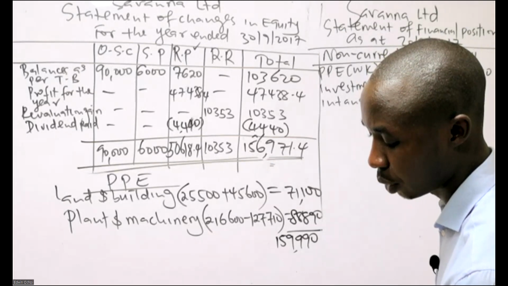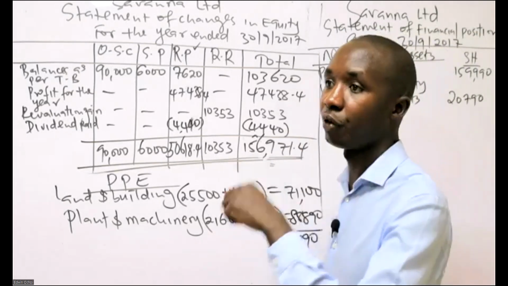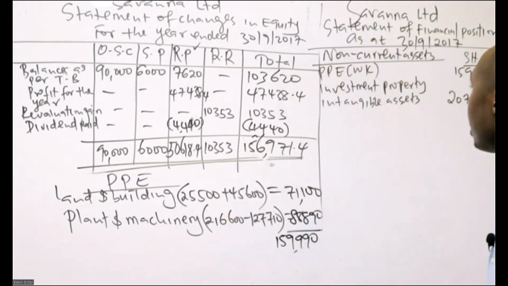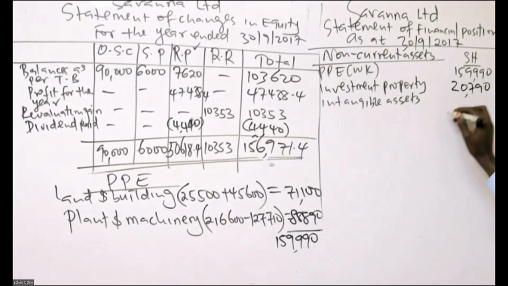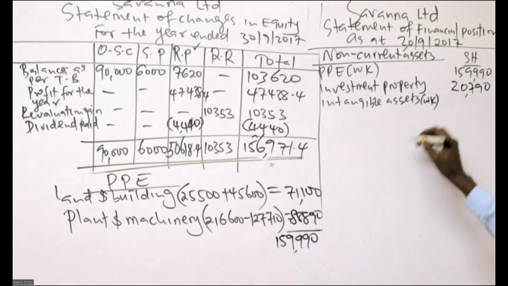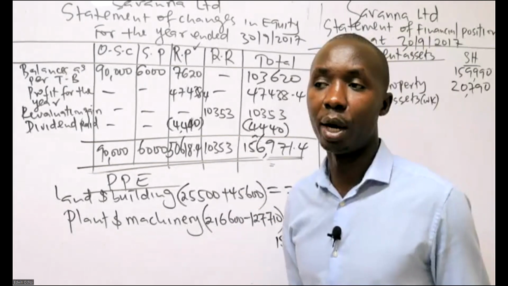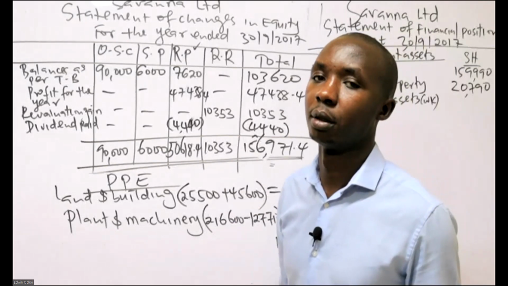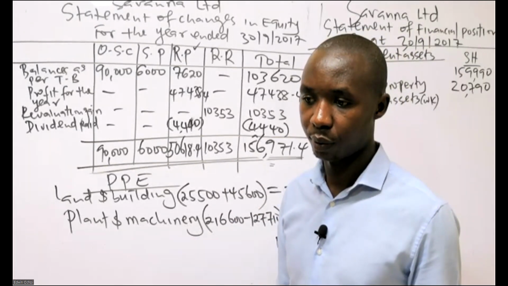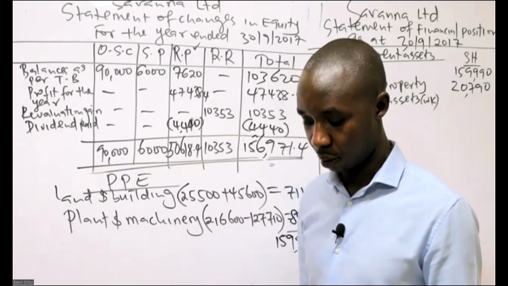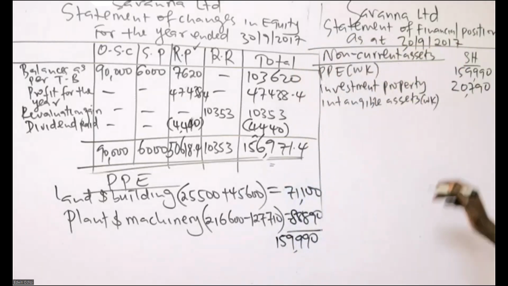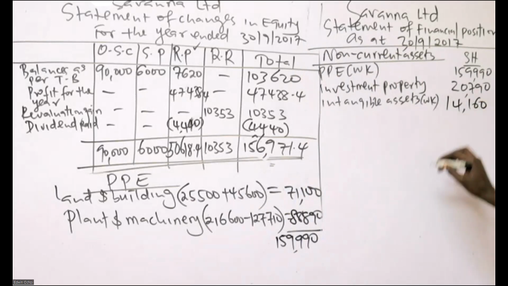Then additional information number 2, intangible. Somewhere after doing the analysis of note 2, I did valuation of intangible. We got a total, an intangible based on the working. The total was 14,160.